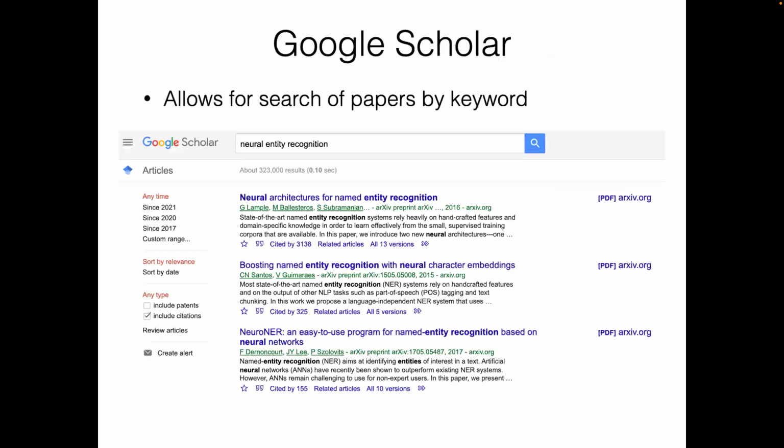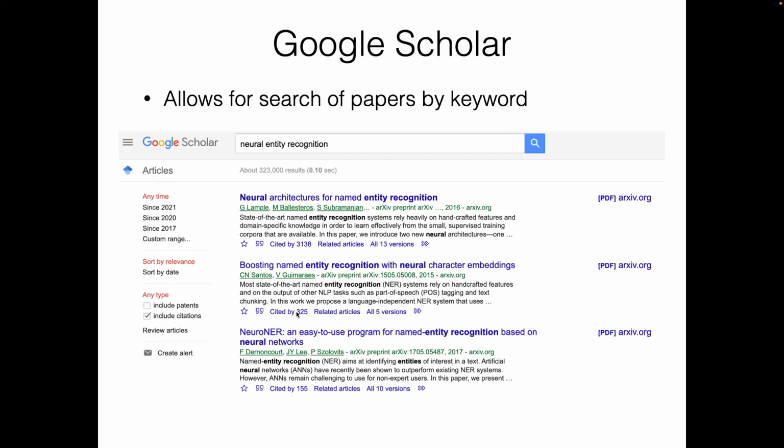So this is the ACL Anthology, and then another really useful thing is just using Google Scholar. Again, if you have a certain researcher or research group in mind, you can see all their papers there. And then it has this kind of network of things. So one useful thing to do is look at a paper and see which papers cited it.